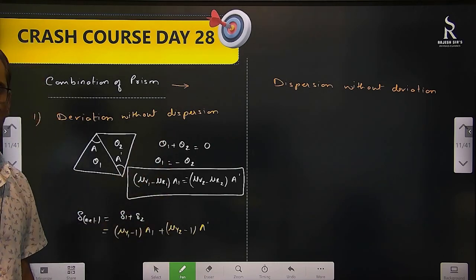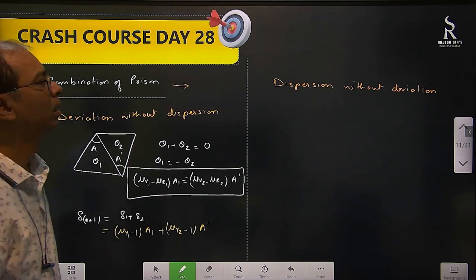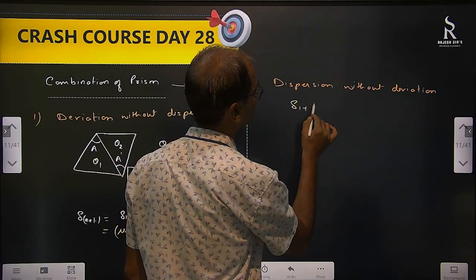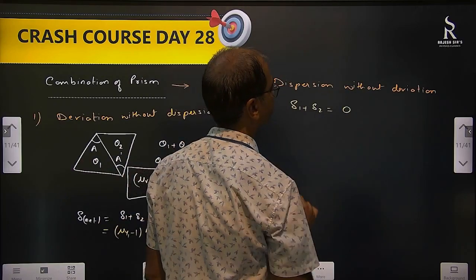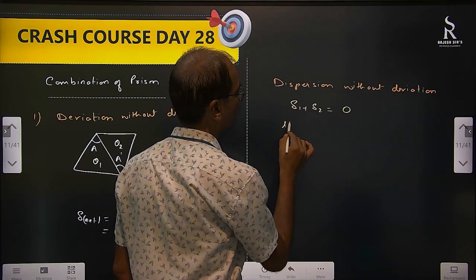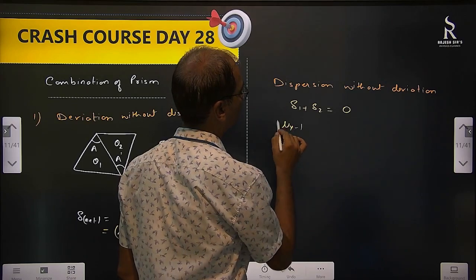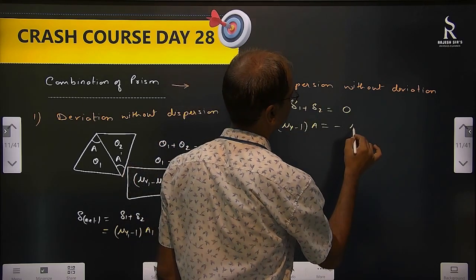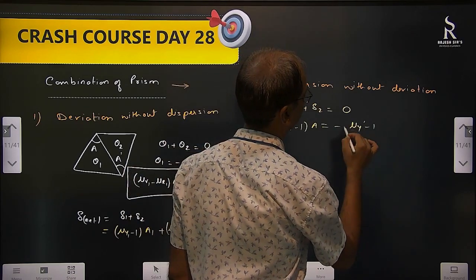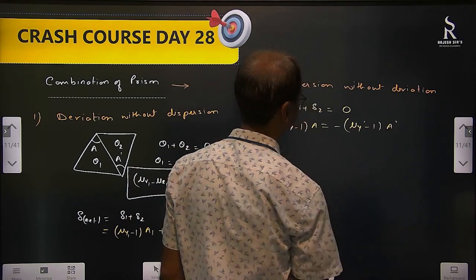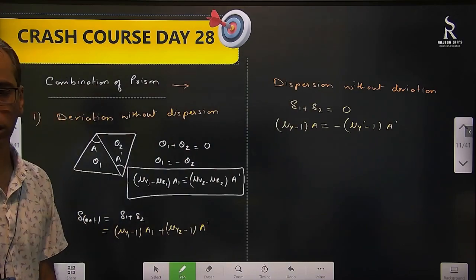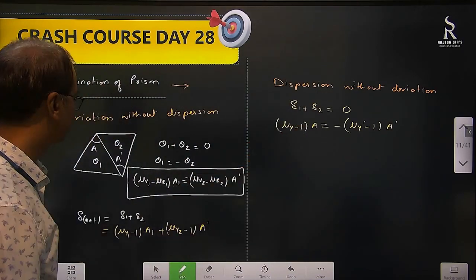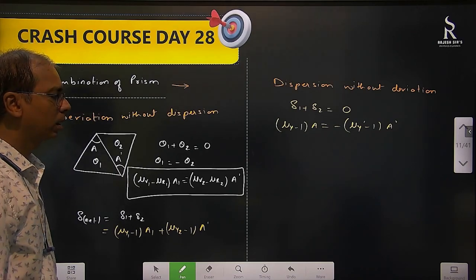Same thing we are going to do there. Dispersion without deviation. So here you want dispersion, you don't want deviation. That means here delta 1 plus delta 2 should be 0. So what is this? Mu y minus 1 into A, and this one will take that side, so minus mu y dash minus 1 into A dash. Clear?